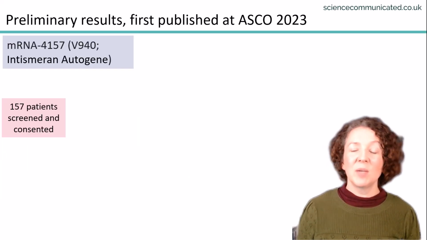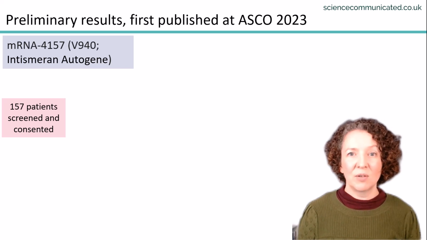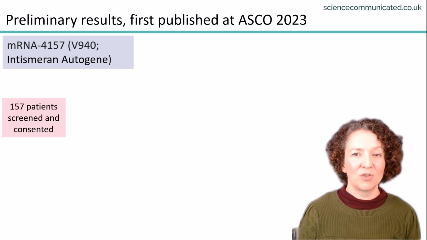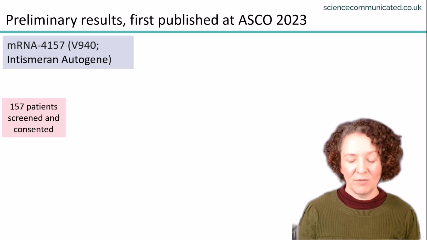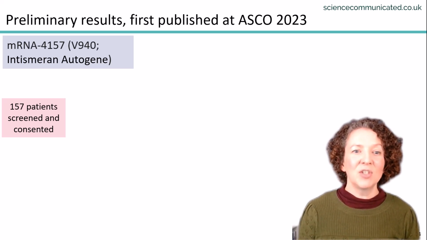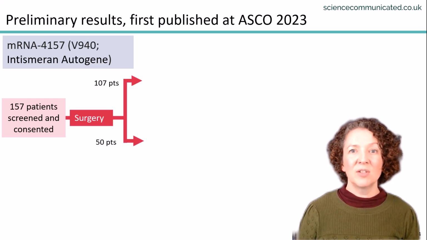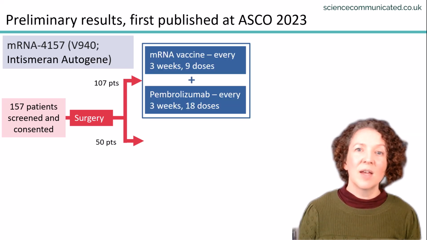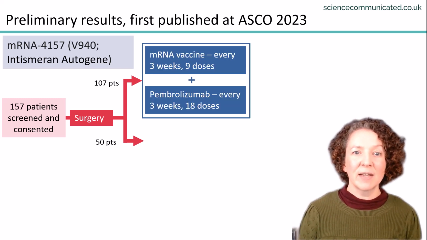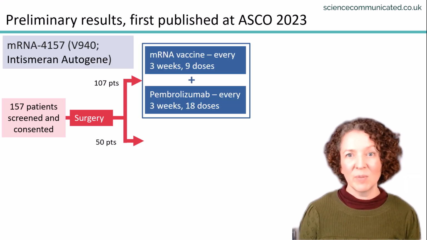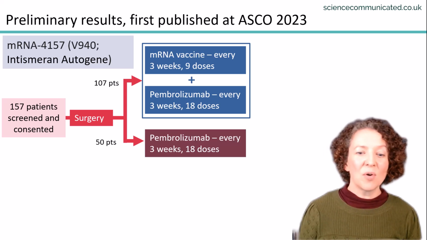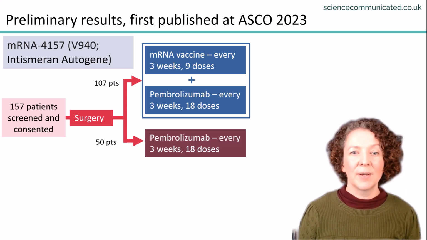So far, we've seen some preliminary results from clinical trials with this kind of approach. This is one example of one such trial using the method that I've just tried to explain. In this trial, patients were randomized to receive either their personalized mRNA vaccine plus pembrolizumab, an immune checkpoint inhibitor, or pembrolizumab alone.